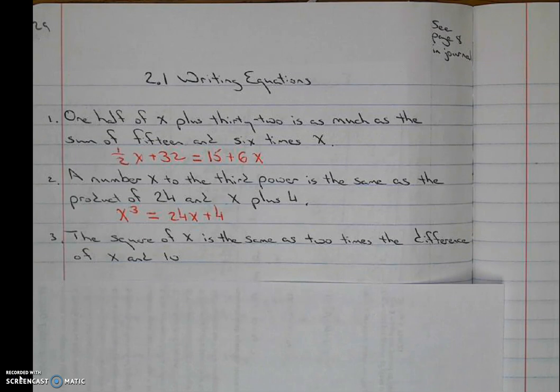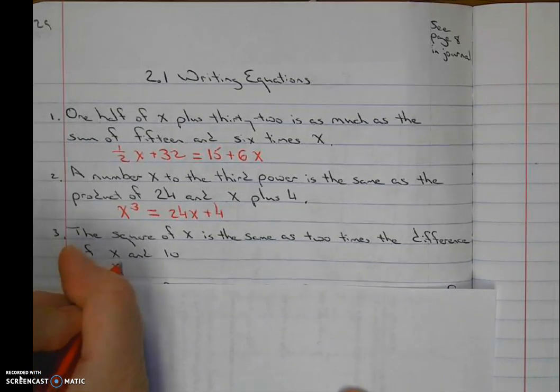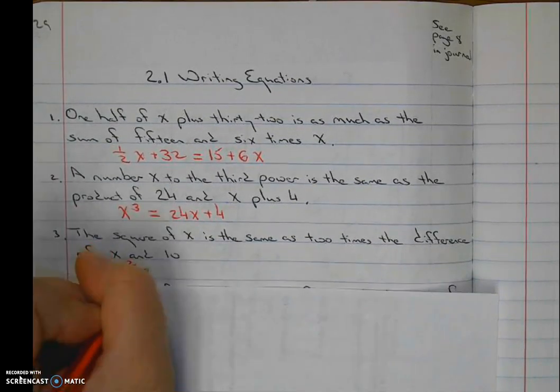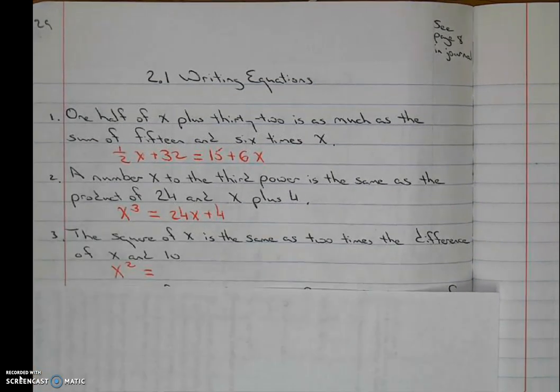For this one, we have the square of x is the same as 2 times the difference of x and 10. We're starting off with the square of x. So you're going to take your x and you'll square it. Is the same as, so equals, 2 times the difference. That means 2 times what we get when we subtract.